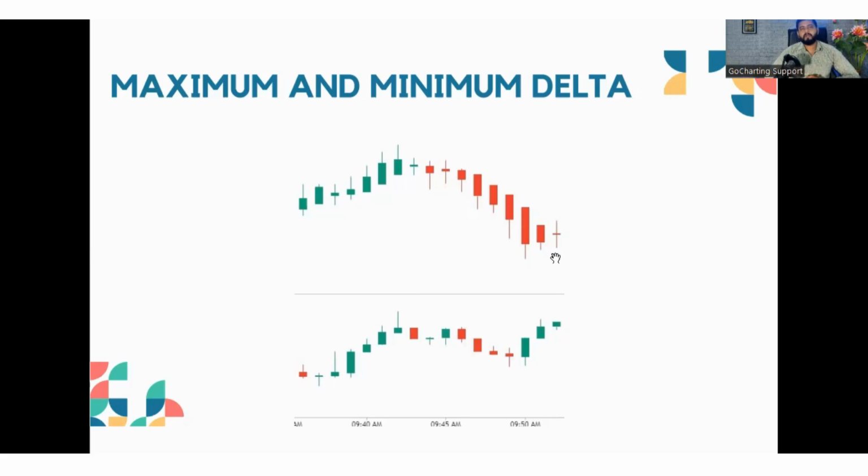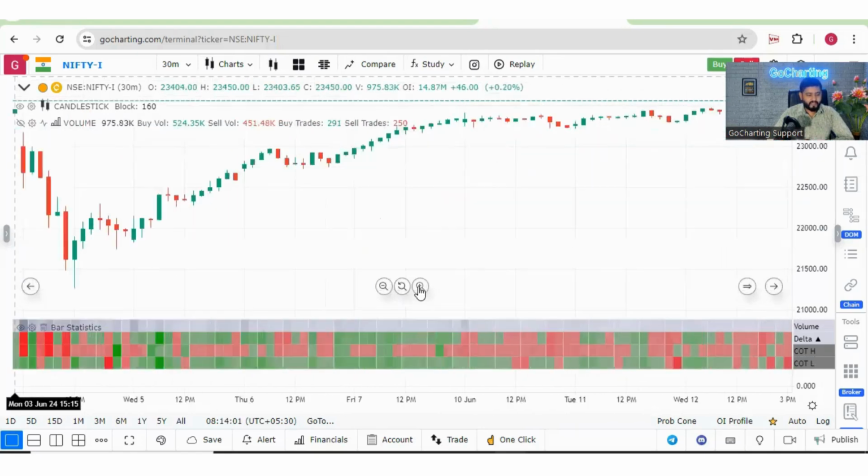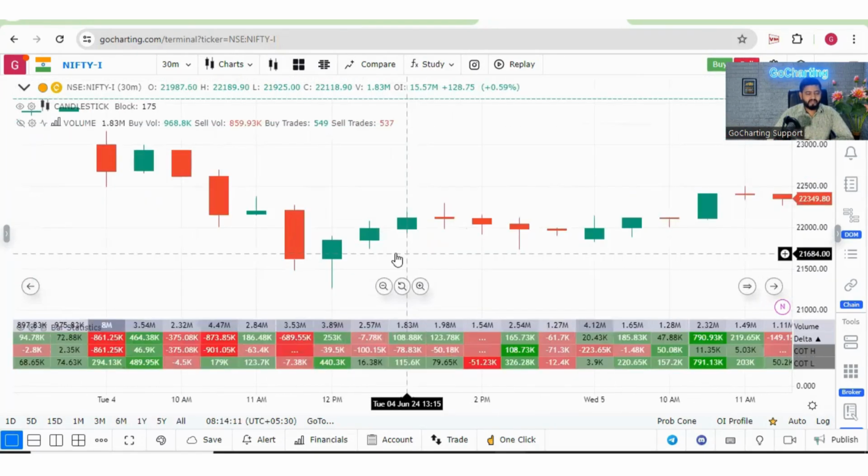Now let's talk a little bit about caught high, caught low and delta percentage. We have already talked about these concepts in the first video, but let's see it on the chart. So let's try to observe caught values on the chart. We have already discussed in the first video that caught low is generally positive and caught high is generally negative.